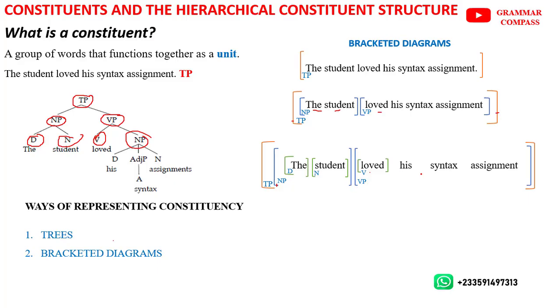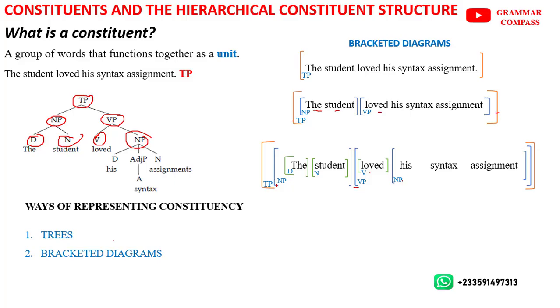It is his syntax assignment. It is serving as a noun phrase. Just as we have here, we will draw a bracket around his syntax assignment to show that it is a noun phrase within the verb phrase. We would have something like this. We have shown that his syntax assignment is a noun phrase within the larger verb phrase.